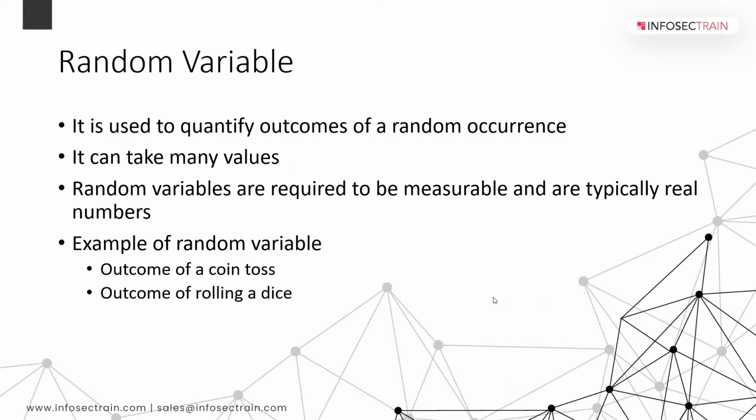In probability and statistics, random variables are used to quantify outcomes of random occurrences or random experiments. A random variable can take many values because it's a variable.